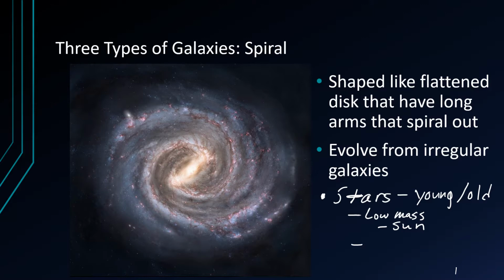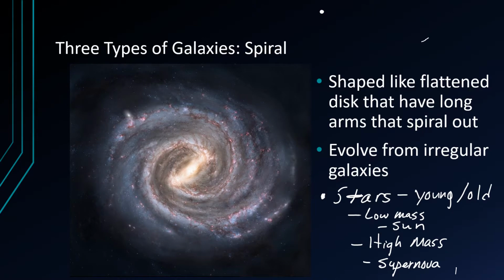And then we have high mass stars. The big thing about high mass stars is they do go supernova. And this process of supernovas will spread out gases and dust.